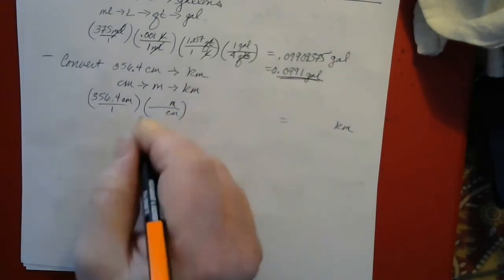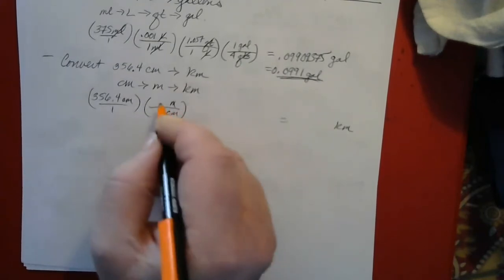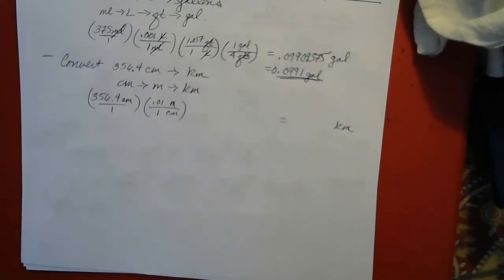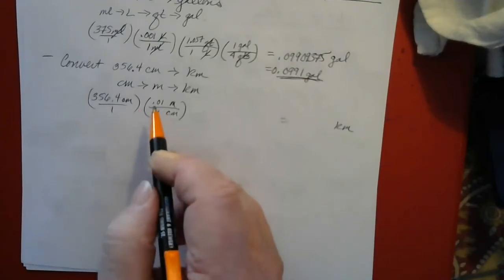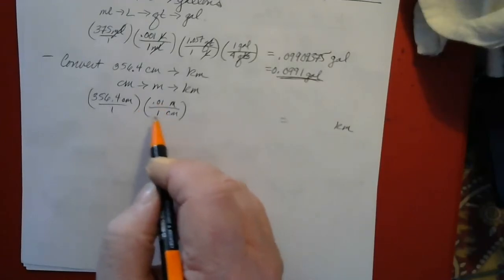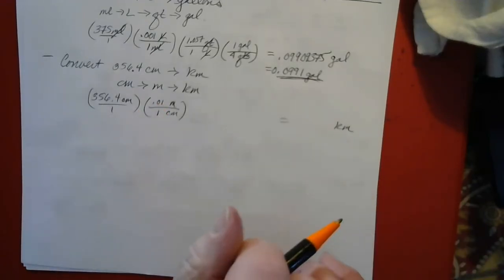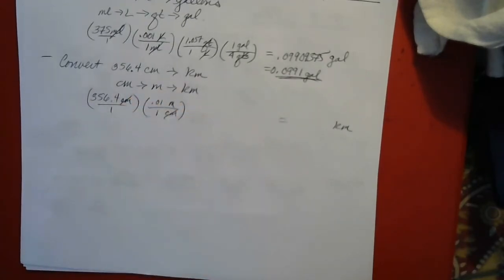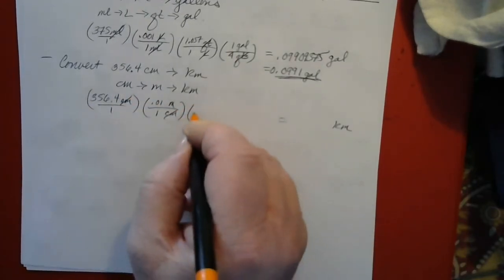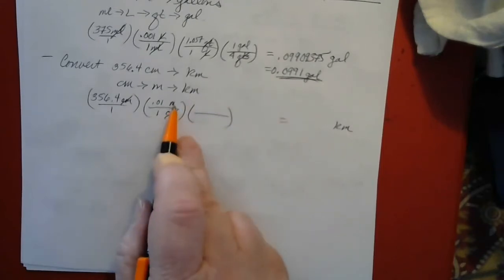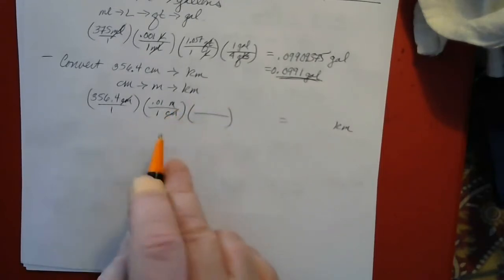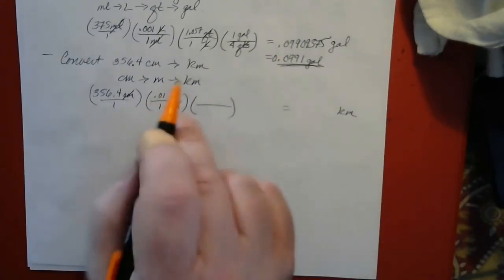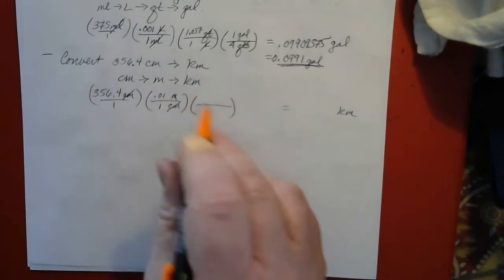And now you could look at the definition of centi, meaning there's 1 centimeter for every 1/100th or 0.01 meter. Or you could also write that as 1 meter over 100 centimeters, and it would work out the same way. Anyway, at this point, centimeters are going to cancel, and we will end up with meters as the unit if we stop and write down the answer. But we want kilometers, so that's going to be the next step.